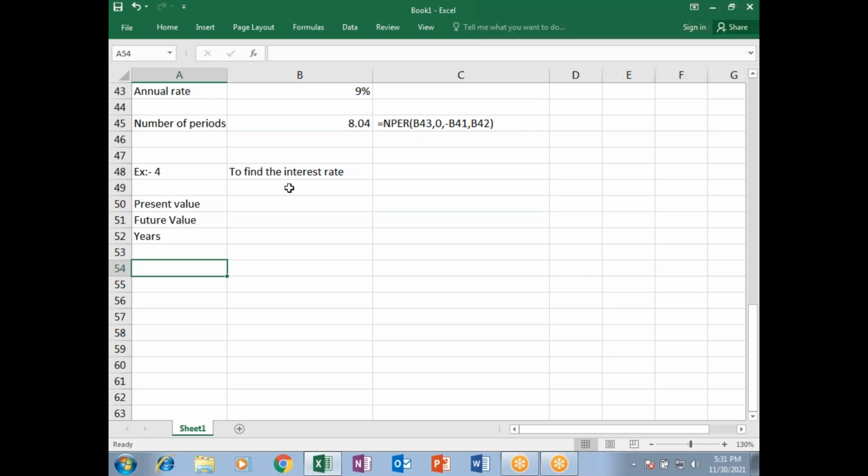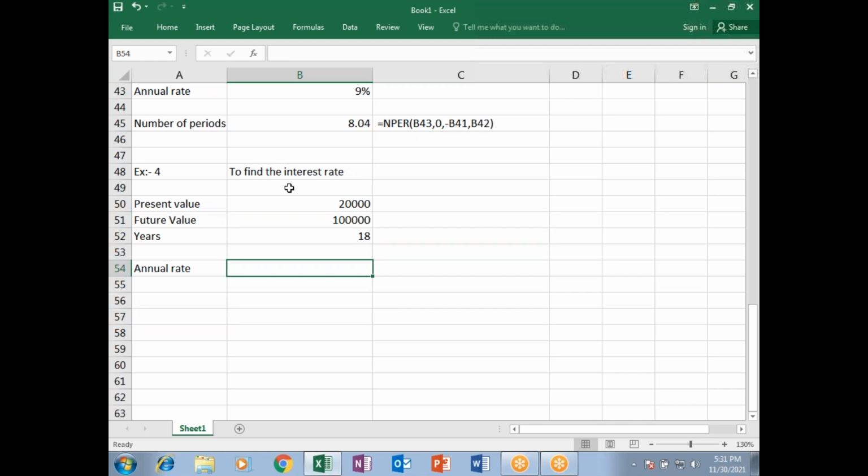So I need to find out the rate. Say 20,000 is my present value, 1 lakh is my future value, for 18 years.